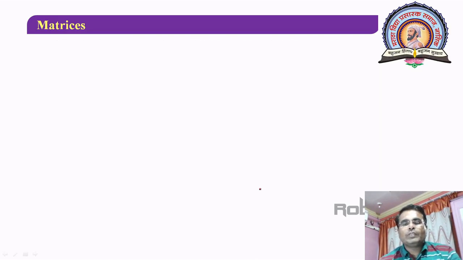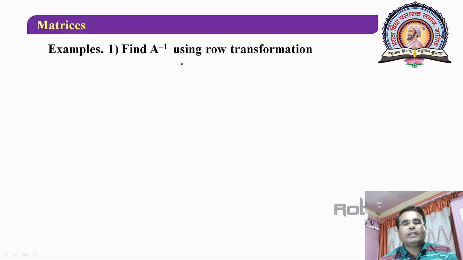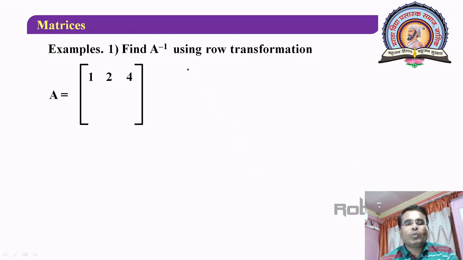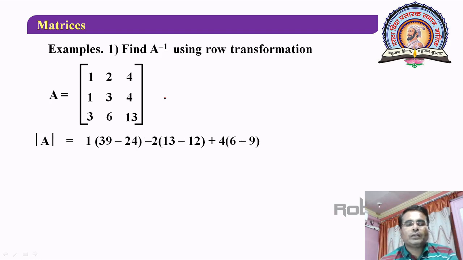Now with an example, we will get it clear. Find A inverse using row transformation. Suppose you are given the matrix 1 2 4, 1 3 4 and 3 6 13. To obtain its inverse, first you have to check whether the inverse exists or not. So 1 into (39 minus 24), minus 2 into (13 minus 12), plus 4 into (6 minus 9).